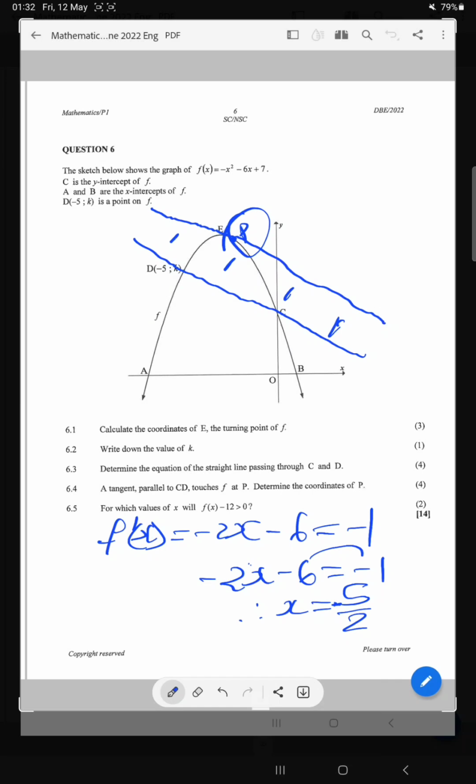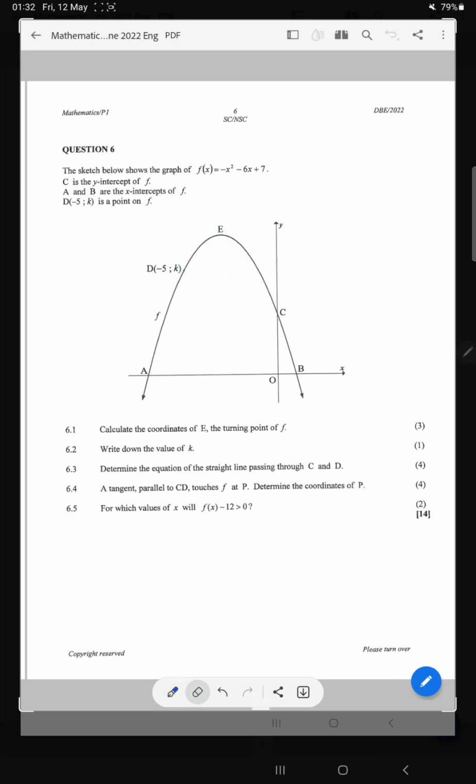Therefore, it's pretty simple. You just have to substitute minus 5 over 2 into the bigger graph, to get the y value. The power 2, and 6 times minus 5 over 2, plus 7.